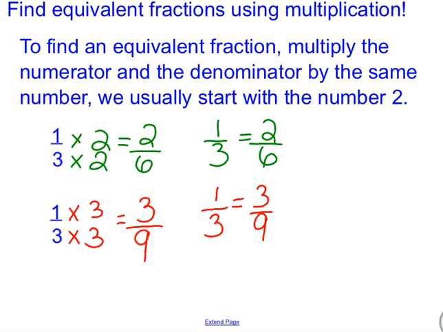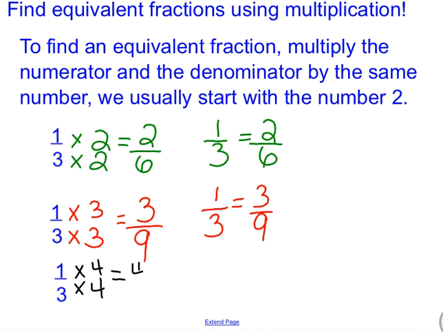And I can continue this because even if I needed another equivalent fraction, I could do times 4. So let's try that. All right, and so we're going to do 1/3, and now I'm going to multiply the numerator and denominator by 4. Okay.